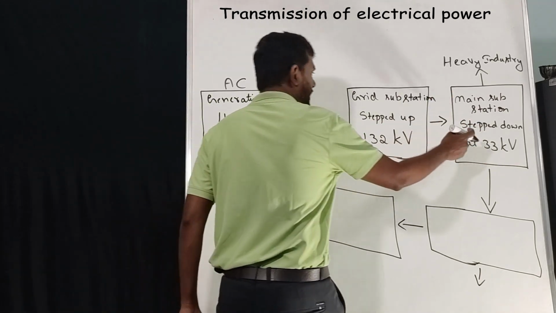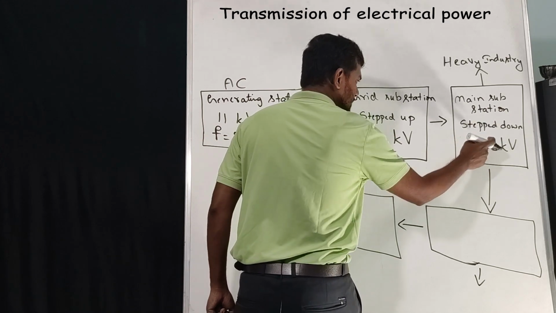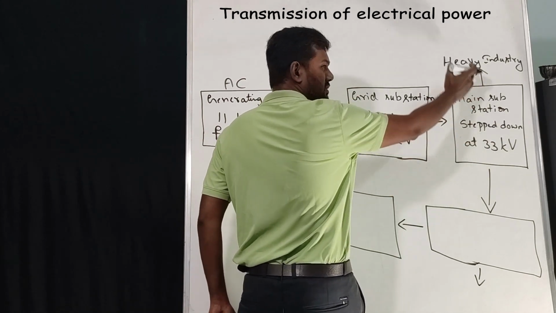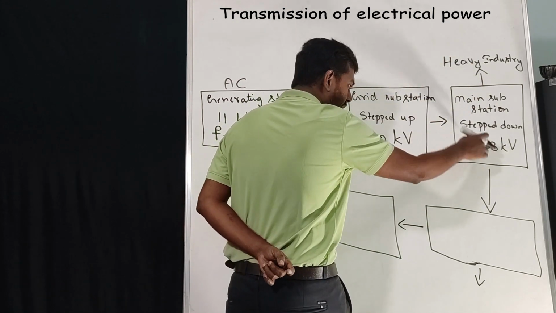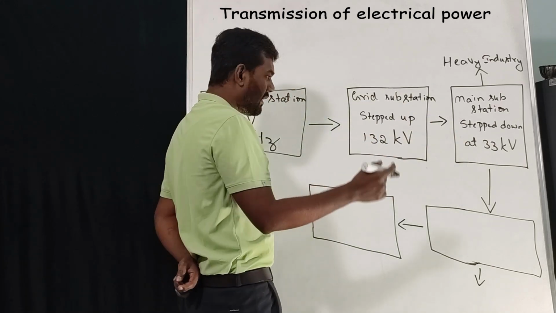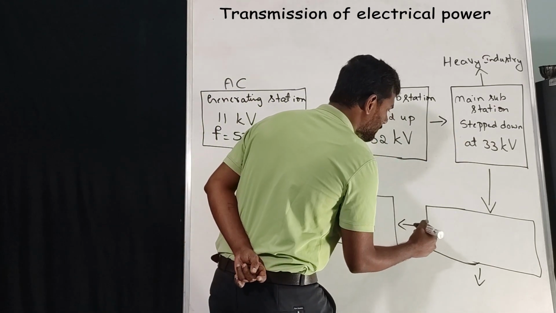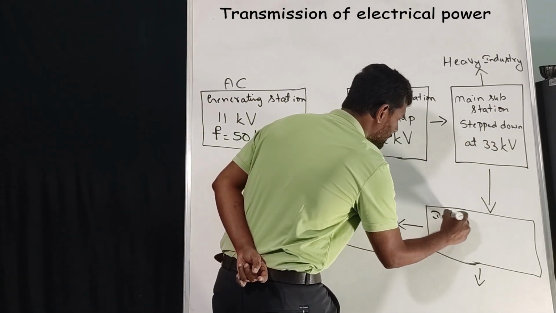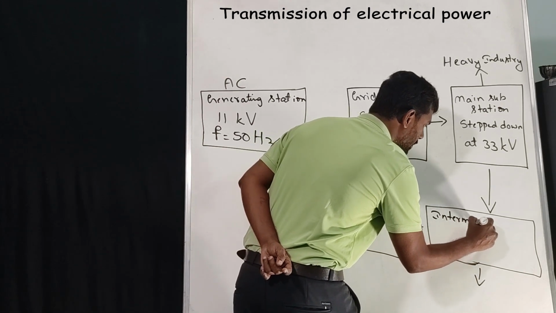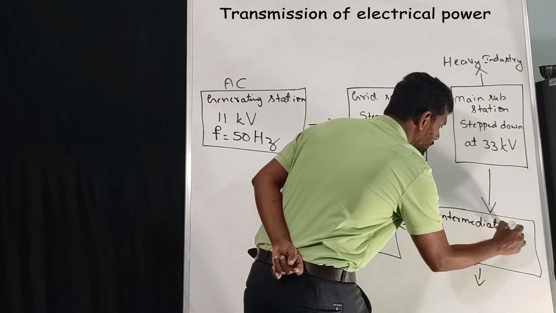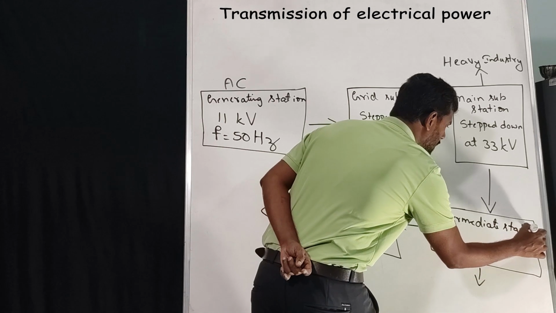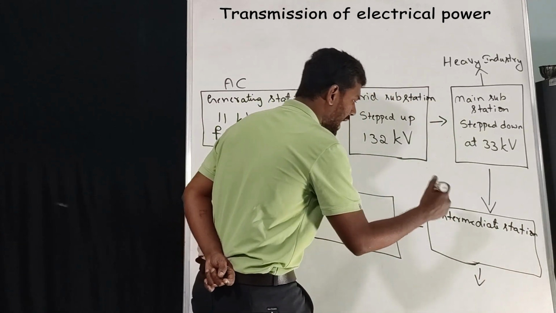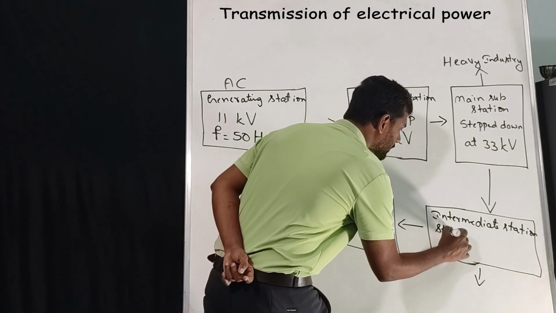Next, the stepped down 33 kV voltage is given to some heavy industries, and again it is taken in parallel connection and given to the intermediate station, where again it is stepped down.